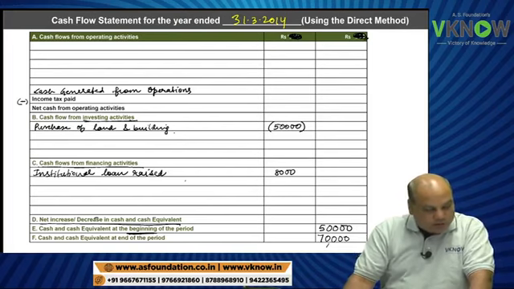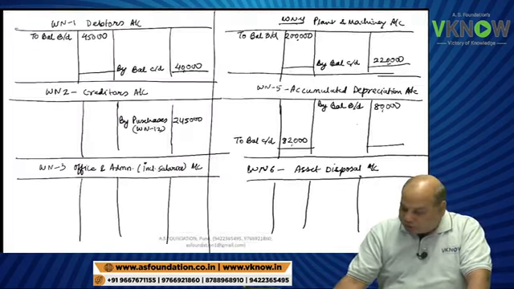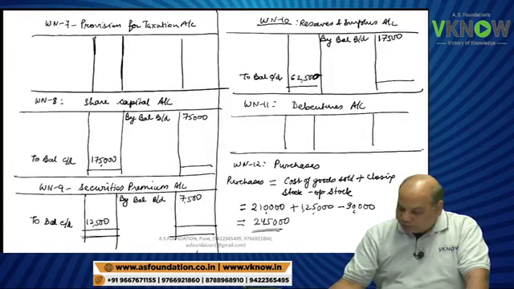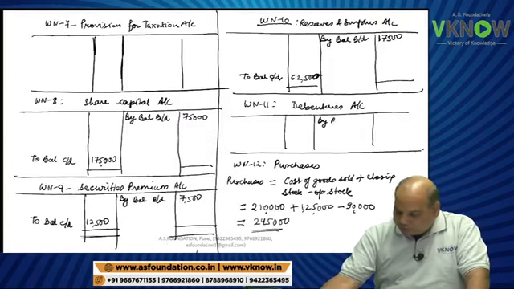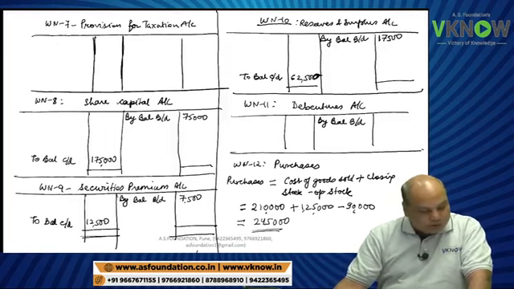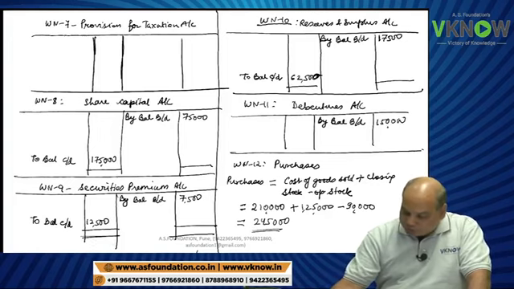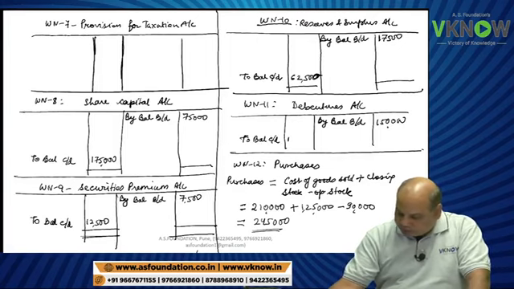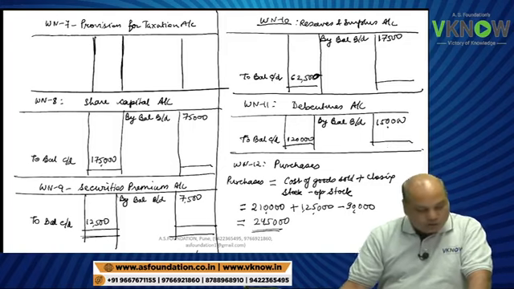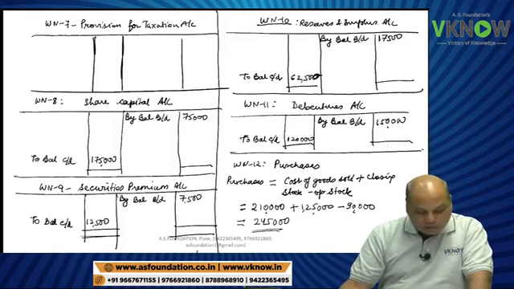And then next item is debenture. We have a working note for that. Debenture account, by balance brought down is 1,50,000. To balance carried down is 1,20,000.